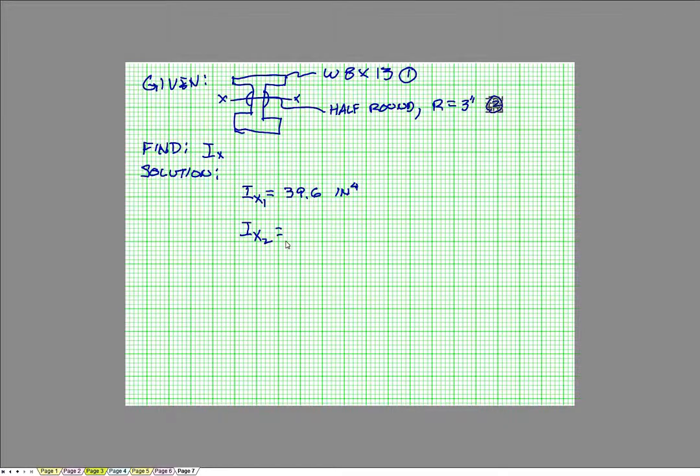Going to the back of the book. So you go to the back of the book, you look at the half round, and actually they show the half round in an orientation like this. Okay, and they say something along that for X and Y. Is that correct? So what do we have to do? We have to rotate that, don't we?